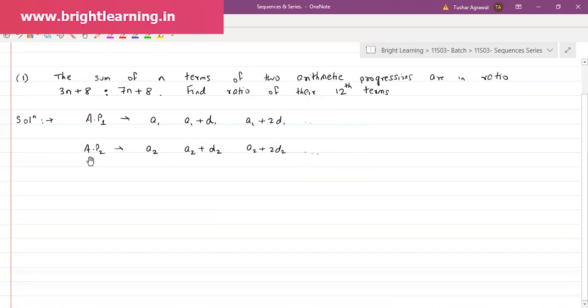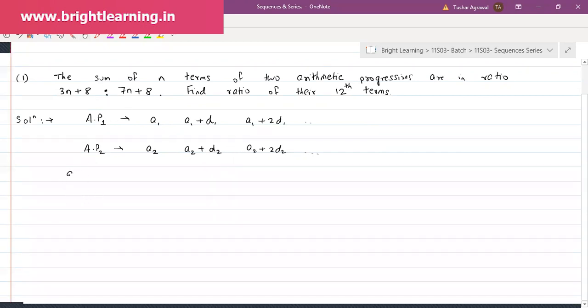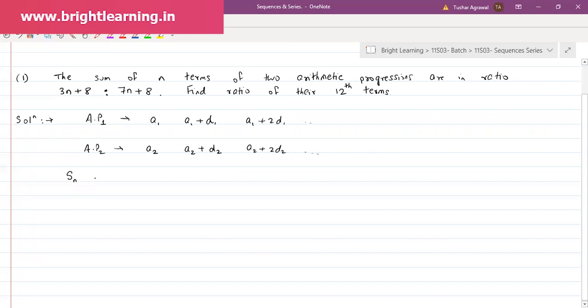However, the sum of n terms, whatever that formula is, is n, number of terms, upon 2 times twice A1 plus n minus 1 times D1, and here n upon 2 times twice A2 plus n minus 1 times D2. This ratio is given: the sum of n terms of the first AP, AP1, upon the sum of the same first n terms in AP2 is given by 3n plus 8 upon 7n plus 8.